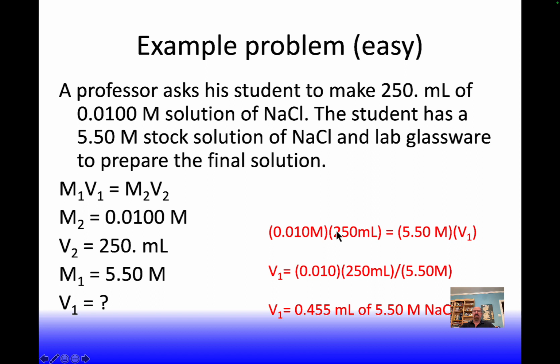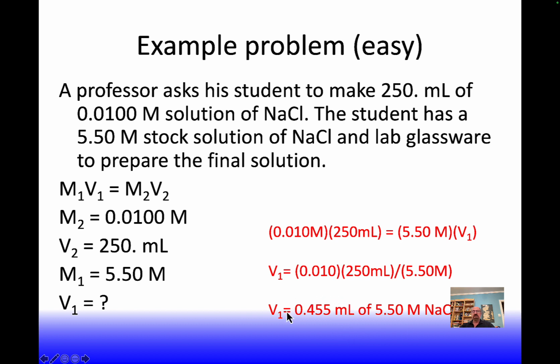So we plug it in, and we've got M2 times V2, that's 0.01 and 250, equals 5.5 molar, that's our M1, times V1. Solve for V1, and basically that just means dividing both sides by 5.5, and then doing the math in your calculator.